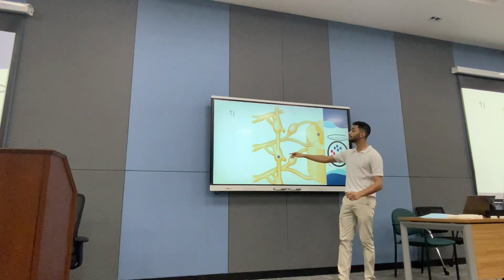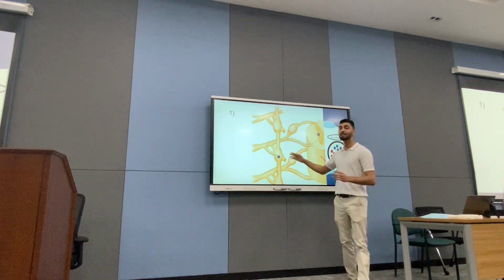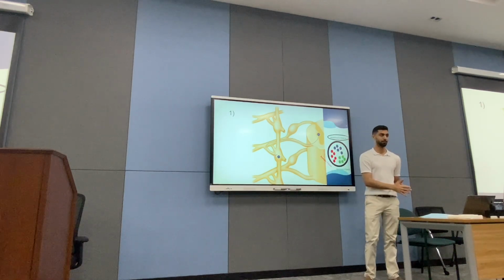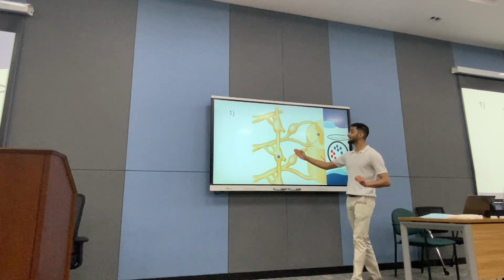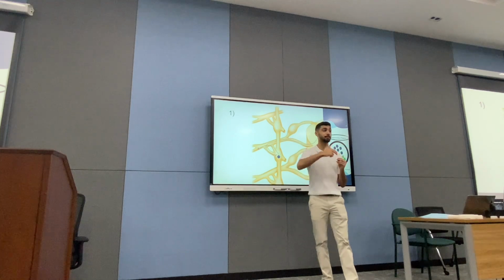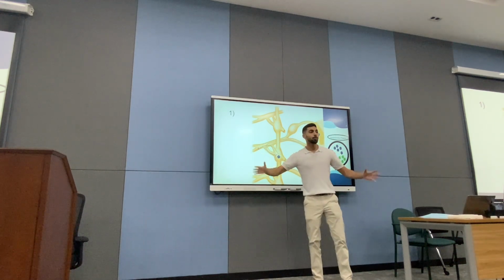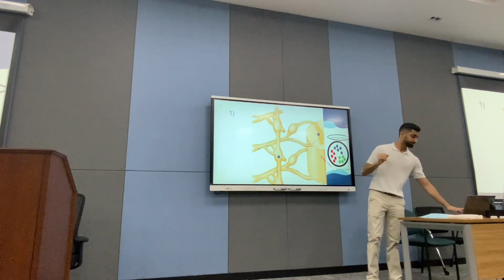It goes to the paravertebral ganglia at the same level. It synapses with the postganglionic neuron there. Now the postganglionic neuron is going to send its axon back through the gray communicant, back to the spinal nerve, and into the dermatome or that region. This is the first scenario.